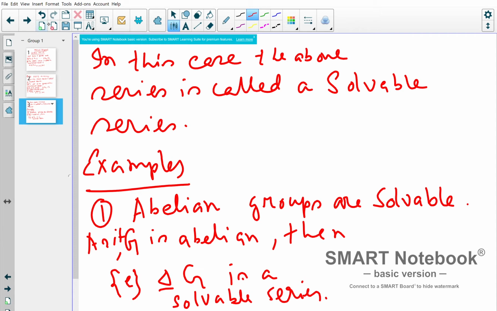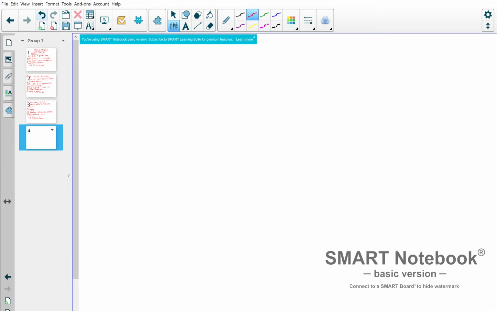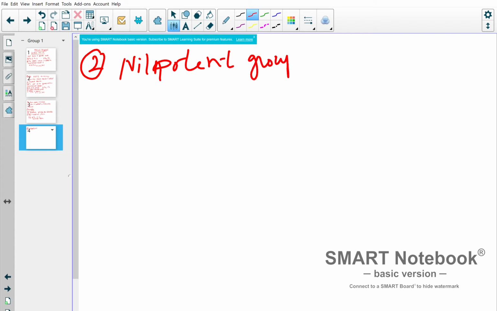The question is that we learned another class of groups last class, nilpotent groups. Nilpotent groups are also solvable. Why?